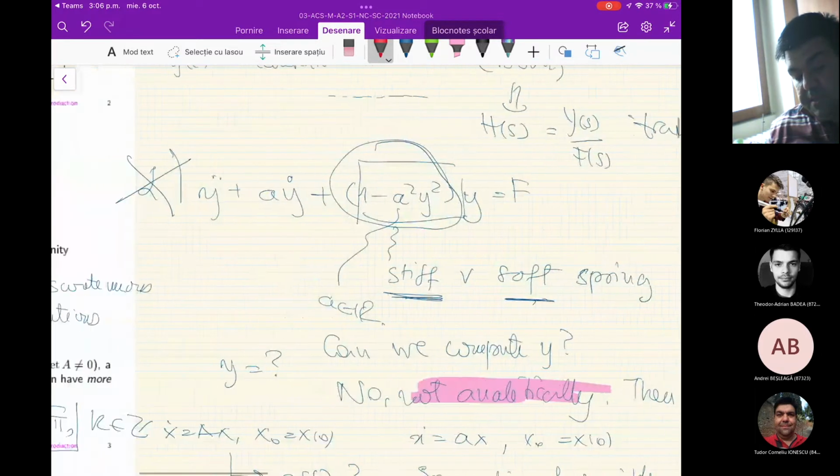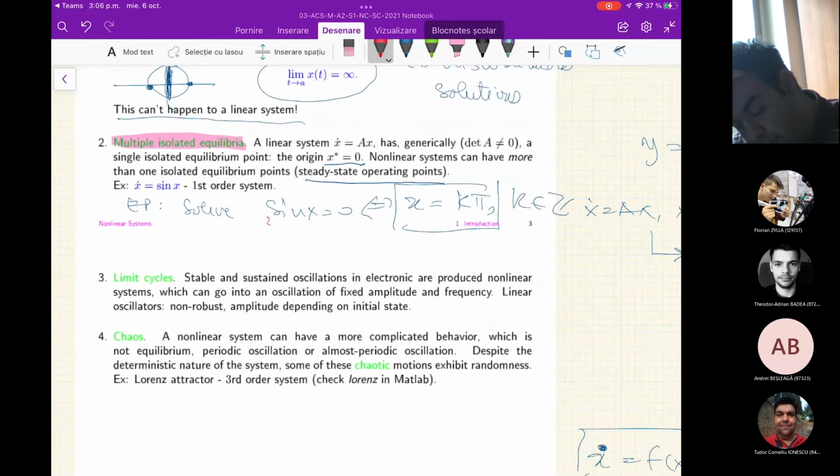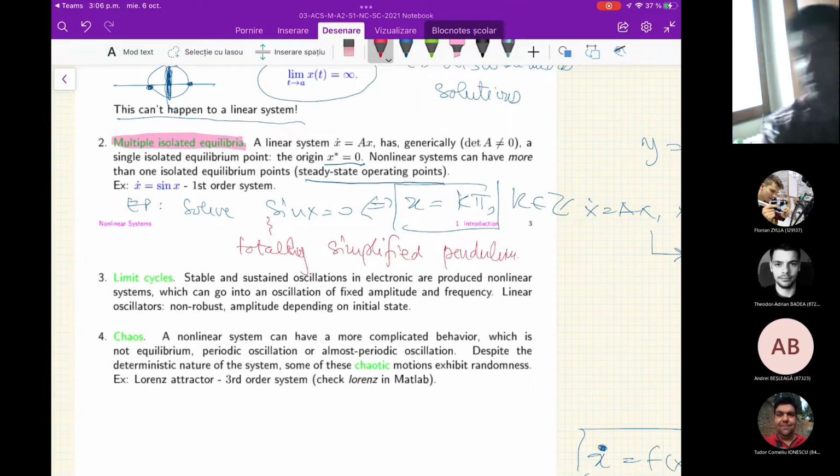So essentially, this equation here is a totally simplified pendulum. Do you agree? I think you agree, right?